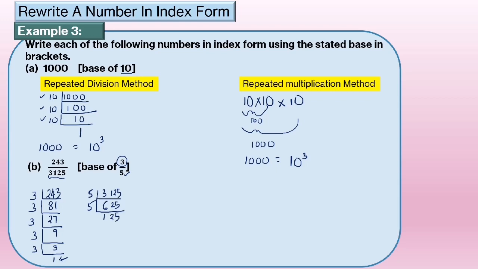Again, 125 divided by 5 equals 25. 25 divided by 5 equals 5. And 5 divided by 5 equals 1. Okay, so now what is the index for 3 over 5? 1, 2, 3, 4, 5. Here also 1, 2, 3, 4, 5. So it means that 243 over 3125 equals 3 over 5 power of 5.